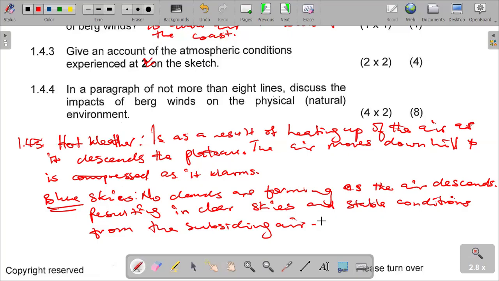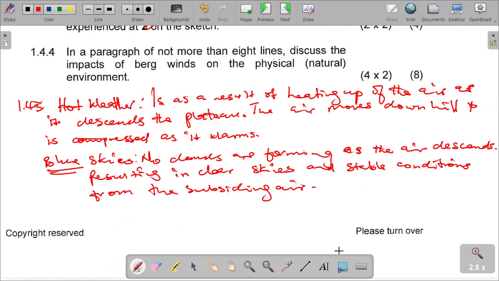So one thing that we need to understand is that when the air subsides, it is quite dry air. It results in the formation of clear blue skies, and therefore there are stable conditions forming there as a result of the subsiding air.